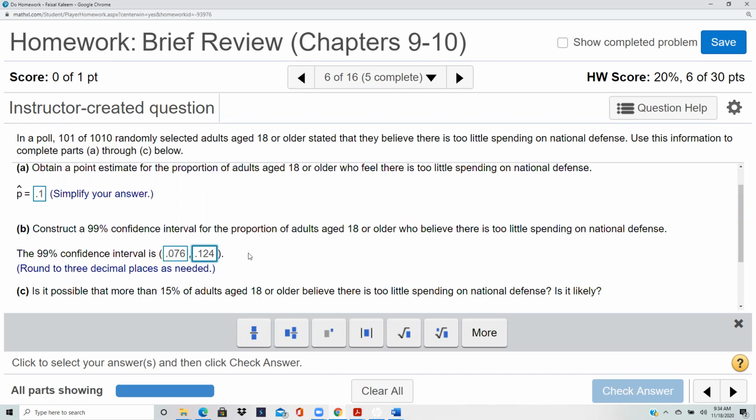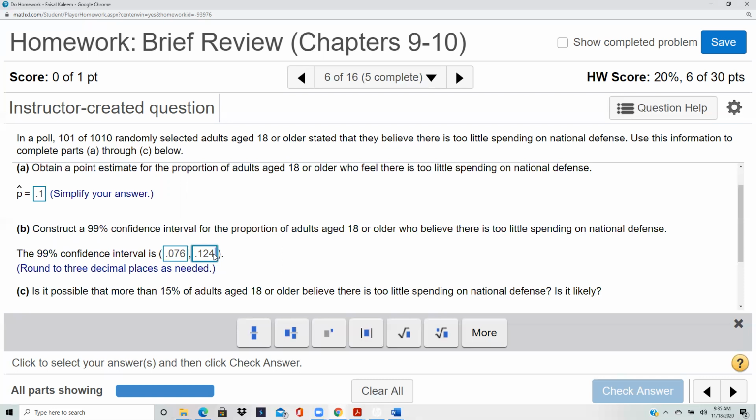So in between those, it's telling us that we are 99% confident that somewhere between 7.6% and 12.4% of adults believe that there is too little spending, right? So in the whole population, we are 99% confident that somewhere between 7.6% and 12.4% of people believe that there is too little spending.